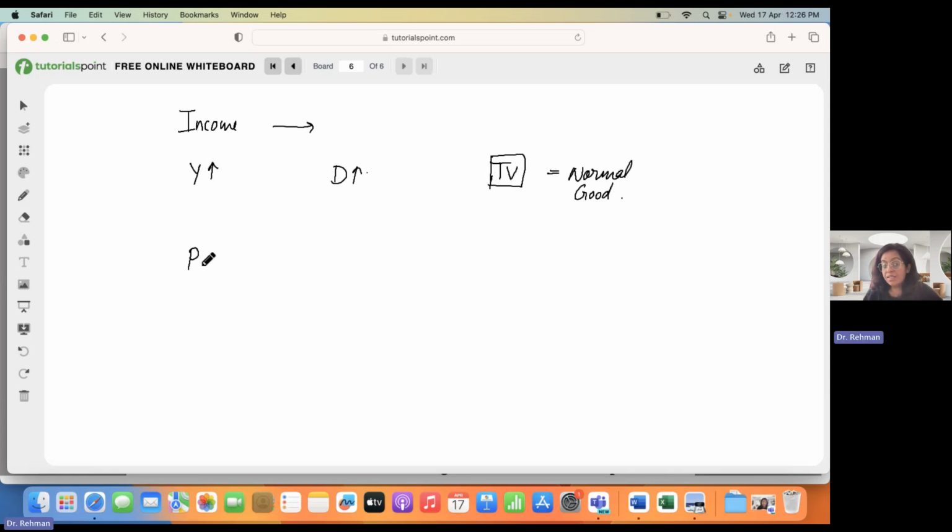However, there is another scenario. What is that? There are certain products where, if the income is increasing, people start demanding these products less. And you know what these products are? These are inferior goods. Inferior goods means if you are now at a better position in terms of your income, you're earning better income, you will stop buying cheap brands.